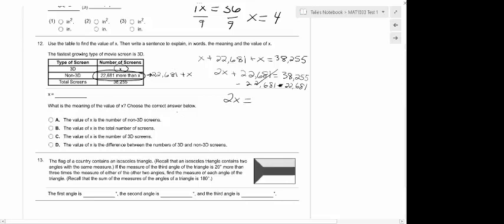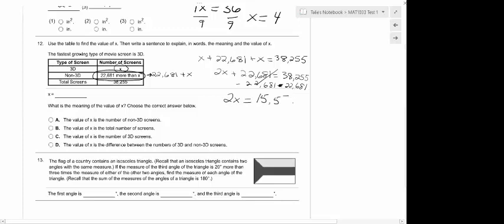So let's work that out. 38,255 minus 22,681. Okay, I got 15,574. Did you guys get that? Yes. Okay.